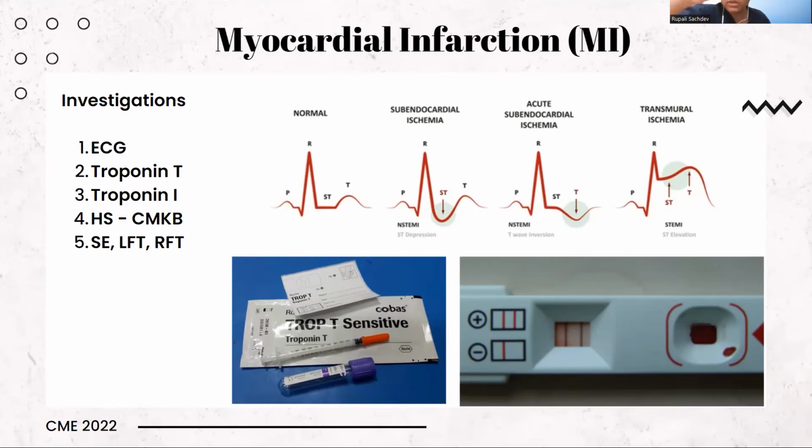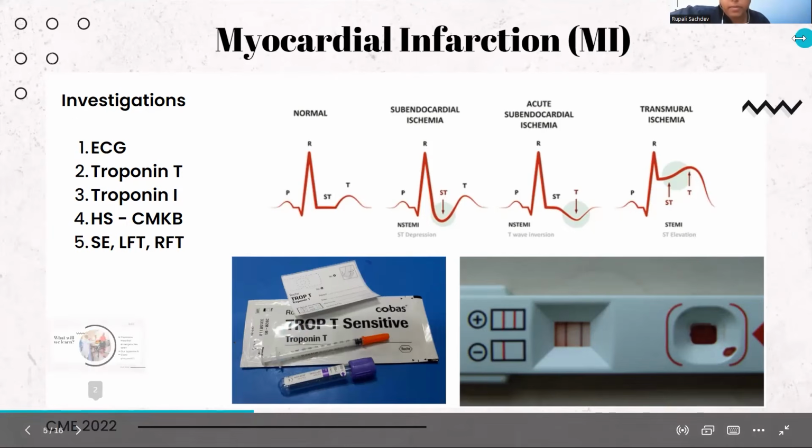MBBS interns, you must have had that table that shows this is the first enzyme that rises. Your myoglobin will rise first. Maybe your TROP-T will rise a little later. What stays the longest? What will show you an old infarction? Things like that. So these biomarkers can be investigated and sent out immediately.